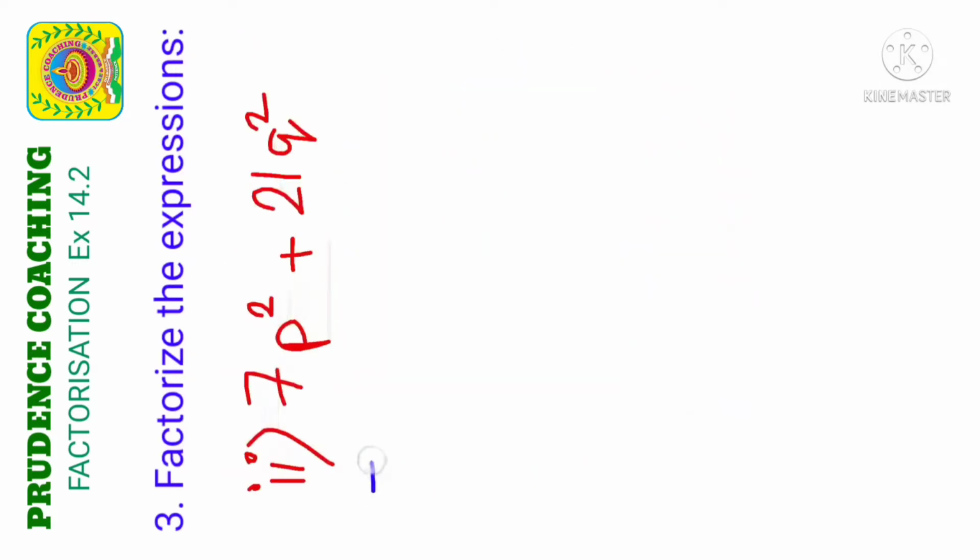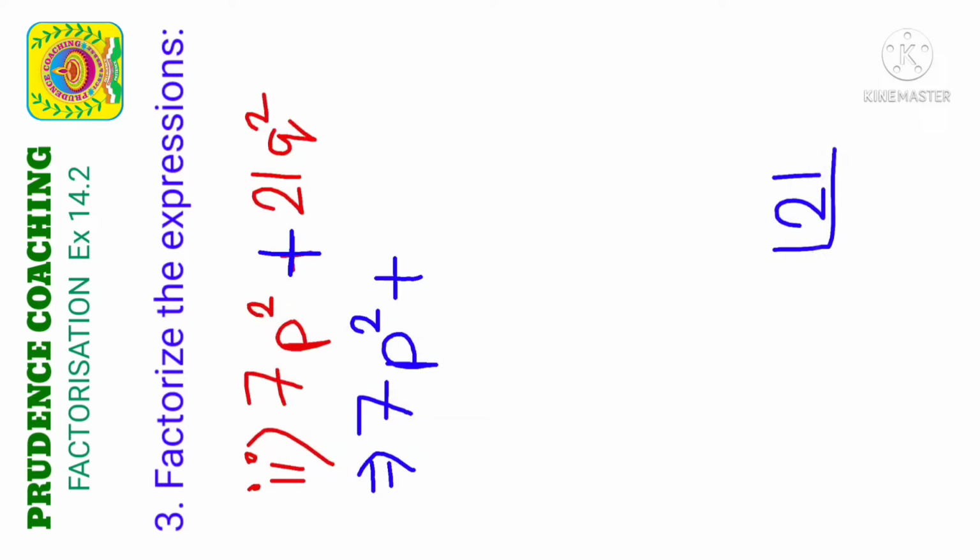Let's start with the next sum. So here also we have two terms and the separator is plus. The first term is 7p square and the second term is 21q square. So 7 is a prime number, write it as it is, and p square after it, plus 21. If we find the factors of 21, we know 3 sevens are 21.